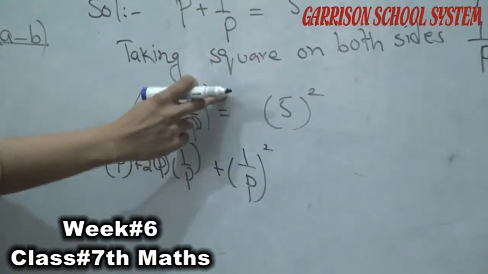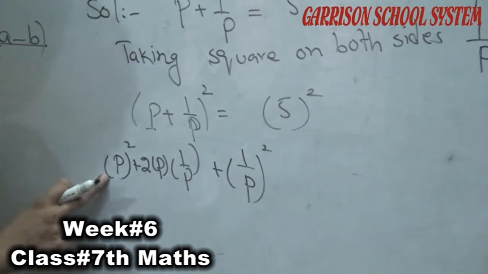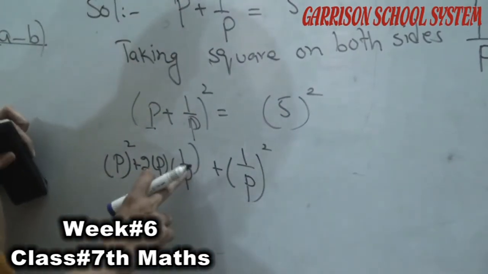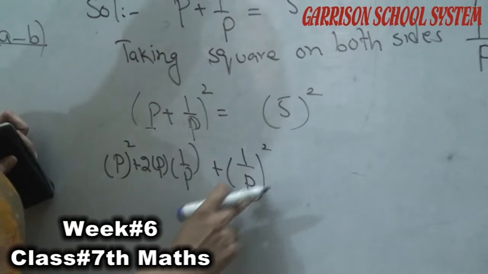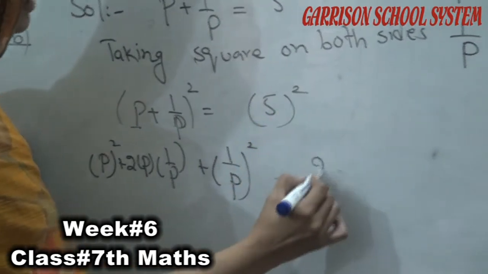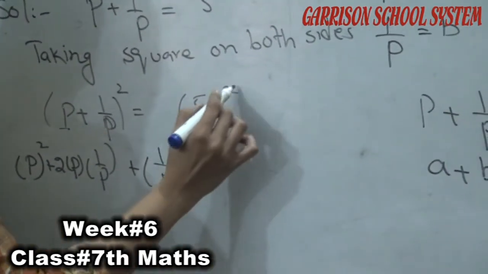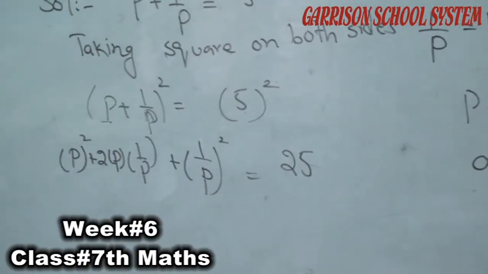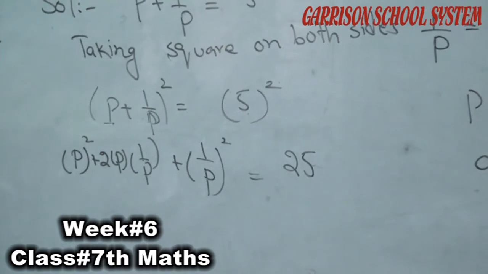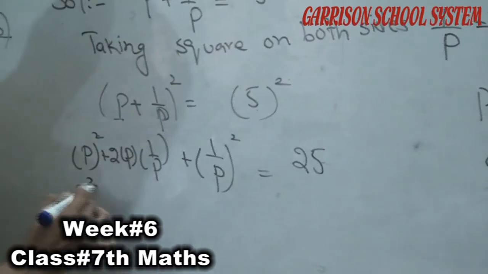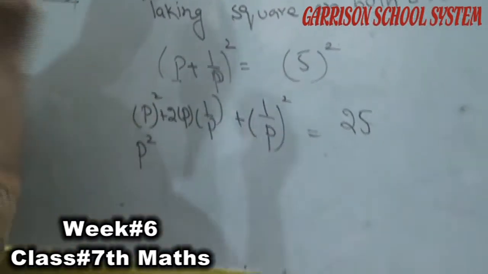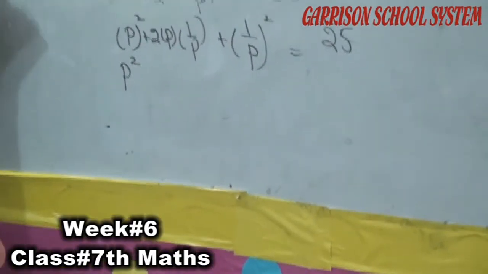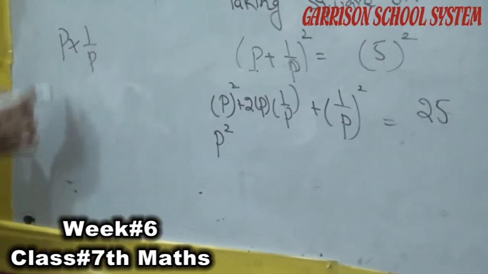P plus 1 over P whole square is equal to P square plus 2P into 1 over P plus 1 over P whole square, and 5 square means 5 multiplied by 5, it will produce 25. Now P square is equal to P square, and P multiplied by 1 over P, they will cancel each other.